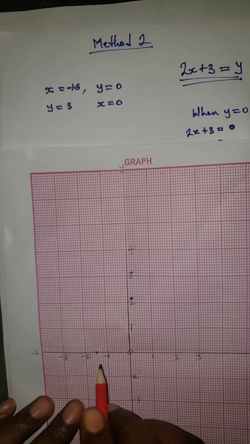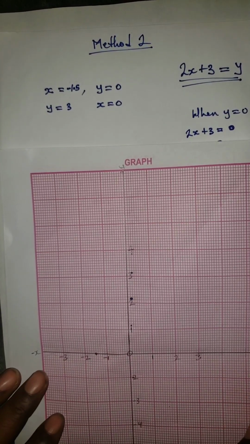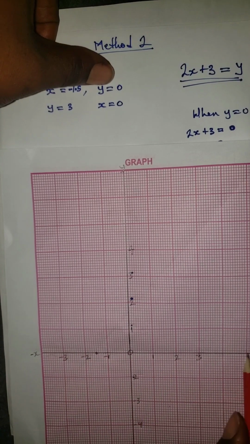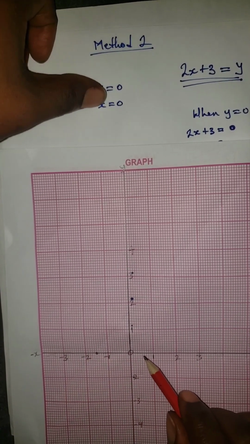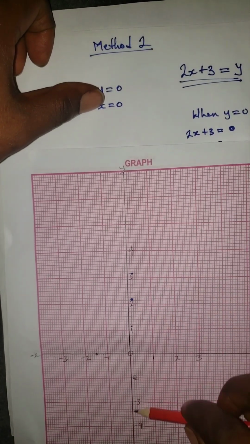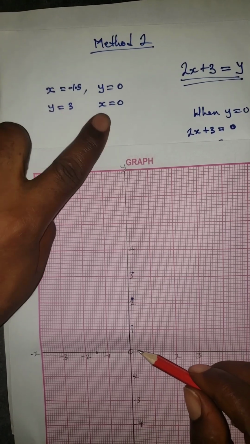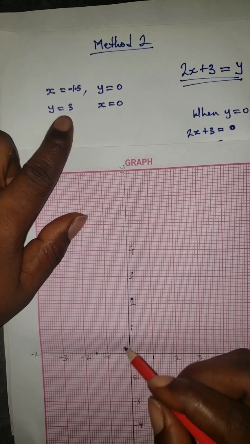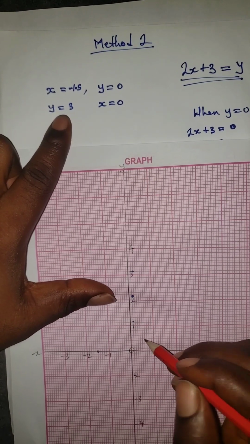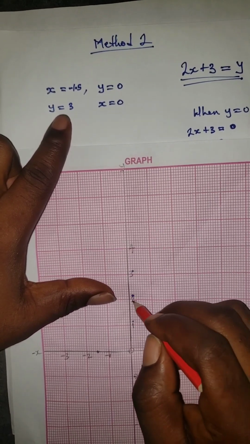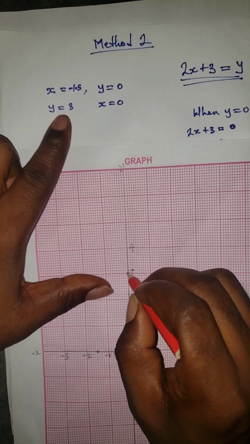Remember, it is on the x-axis, because y equals 0. Now, when s equals 0 it will be on the y-axis. When s equals 0, y equals 3. So we have 1 here, we have 2 here, we have 3 here.